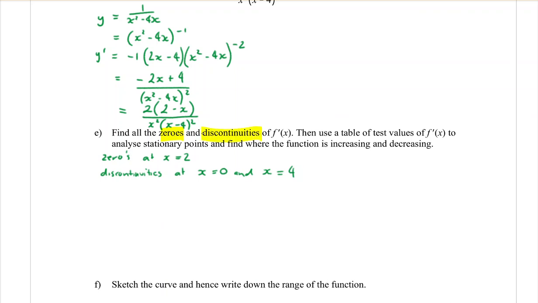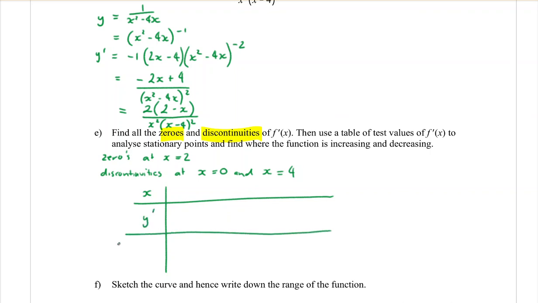It then says use a table of test values for my derivative to analyze the stationary points and find where the function is increasing and decreasing. So this is a table using x, gradient or y dash, and we're trying to determine what is happening with the slope. So we've got the three different values for x.